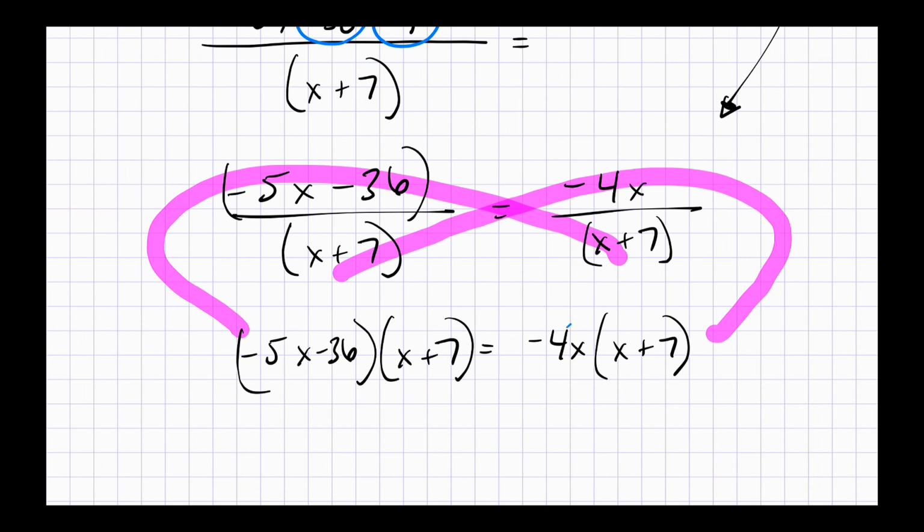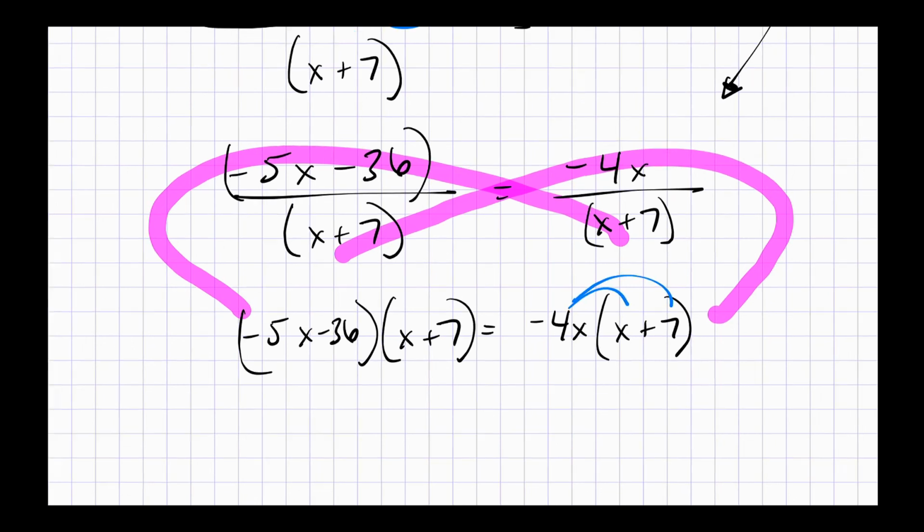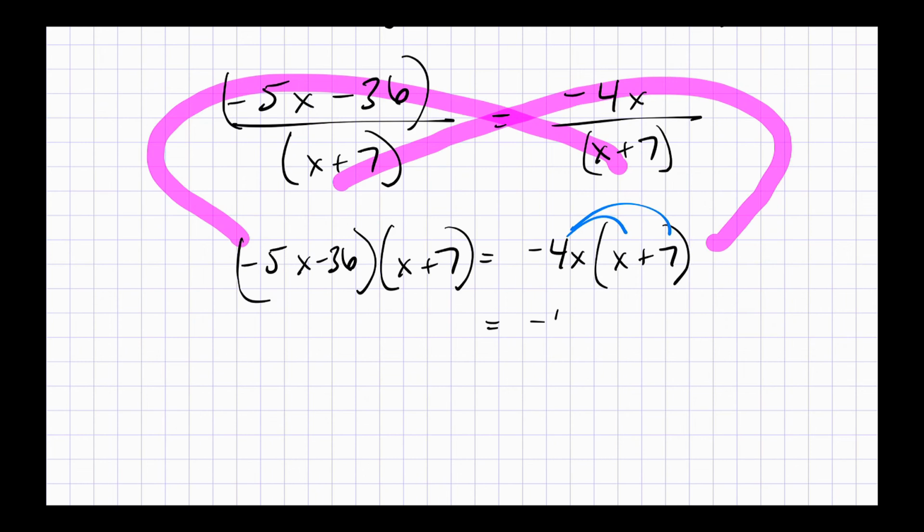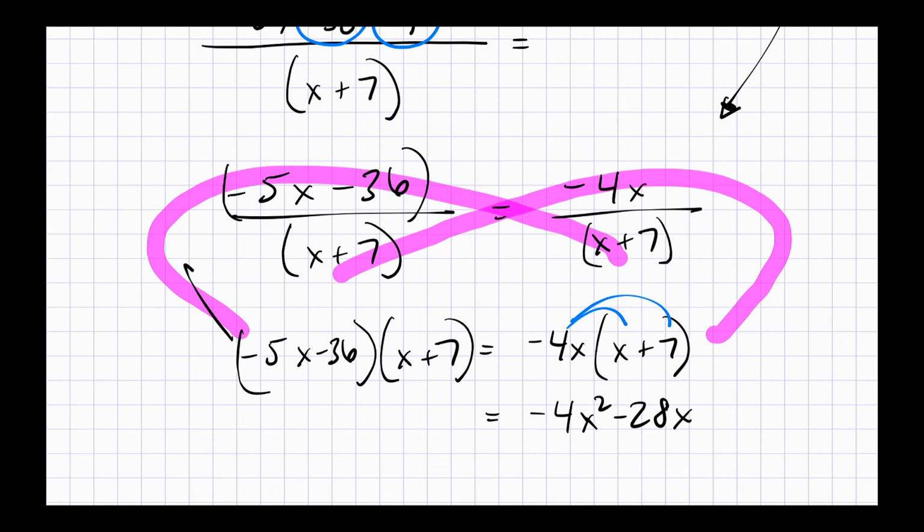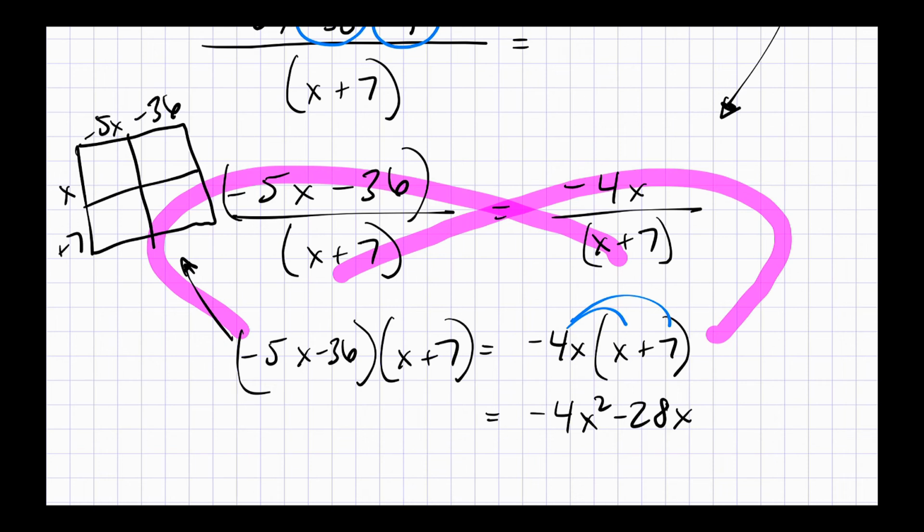One side I can do distributive property with: negative 4x squared minus 28x. The other side I have to multiply: negative 5x minus 36 and then x plus 7.